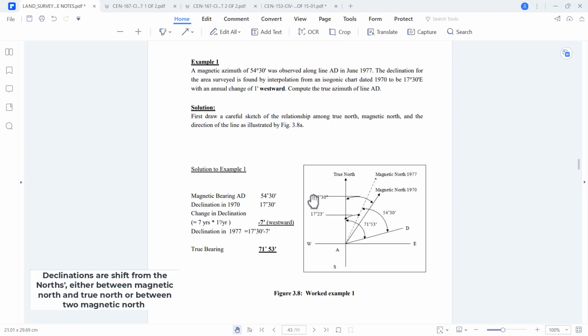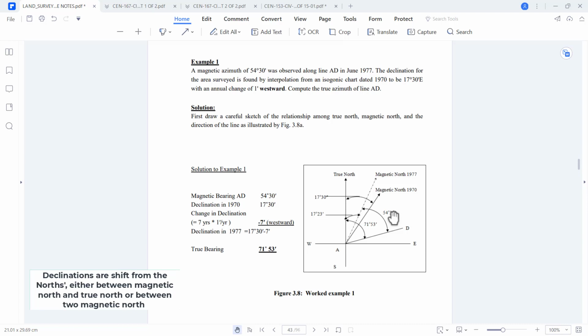So now we've displayed the 70 degrees 30 minutes and the 54:30. Okay, so now the question says that there's an annual change of 1 minute westward. So now we should compute the true azimuth of the line AD.